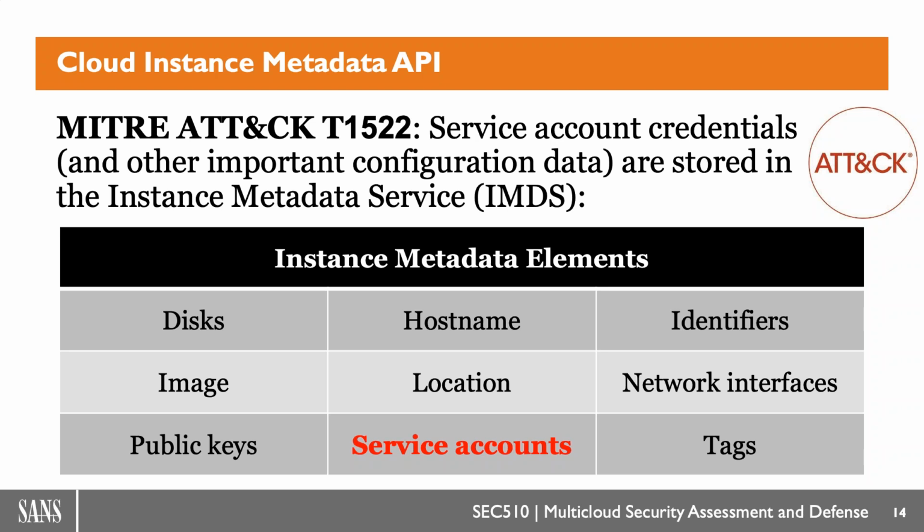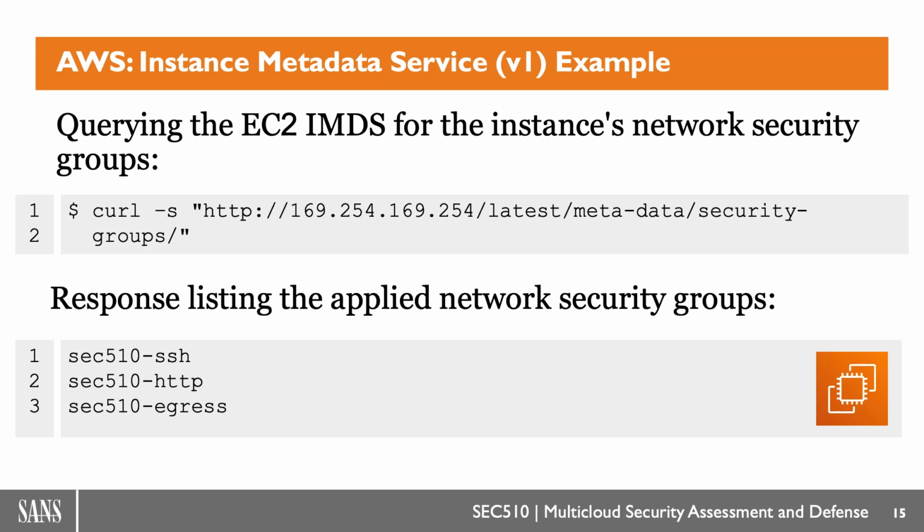So let's flip to the next slide and we'll take a look at how we can actually communicate with this metadata service. Now, this is a command that we're running locally on a virtual machine, just using a curl command, and we're querying the link local address 169.254.169.254, and we're looking in that metadata.